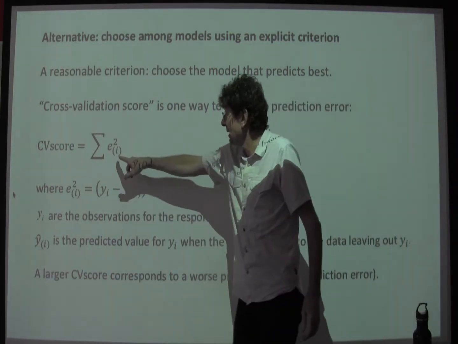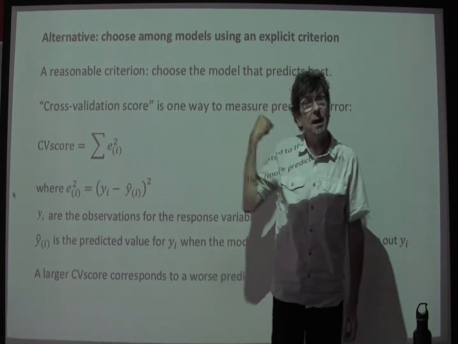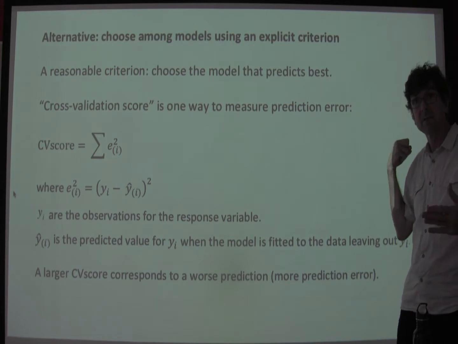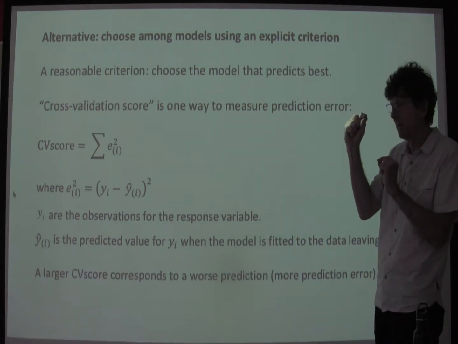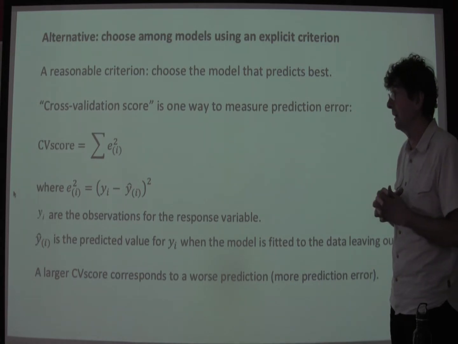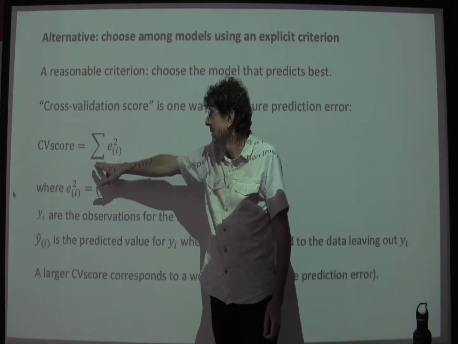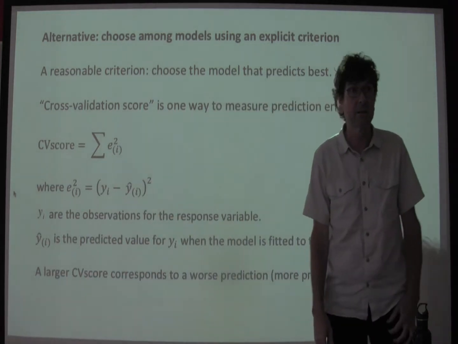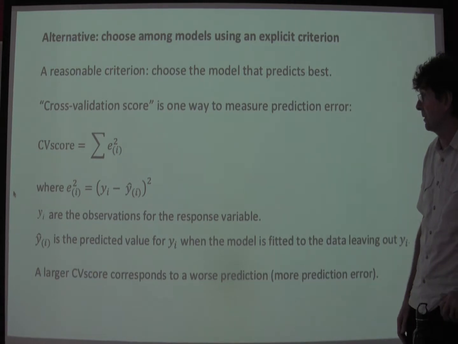So epsilon squared i is the prediction error for observation i when it's left out. The model is fitted, we put it back in, and then square the residual, essentially the prediction error. And then we do that one at a time for every i, for every observation, and sum those squared prediction errors into something we call the cross-validation score.